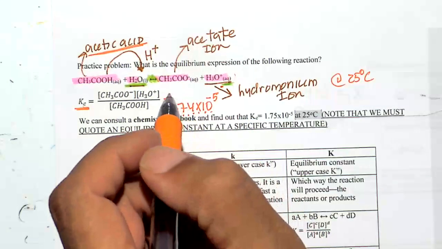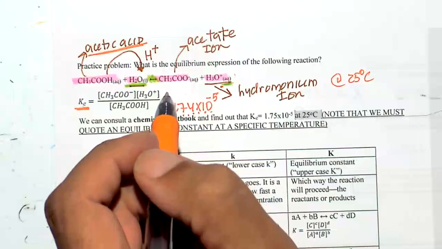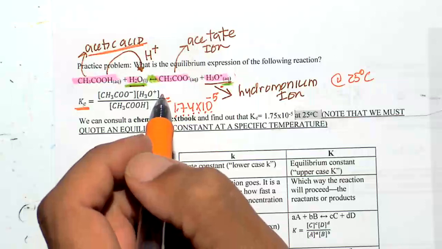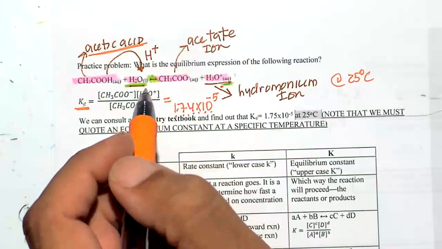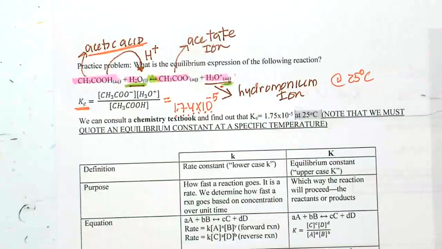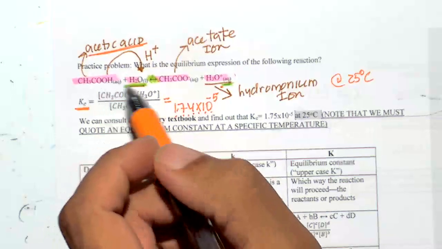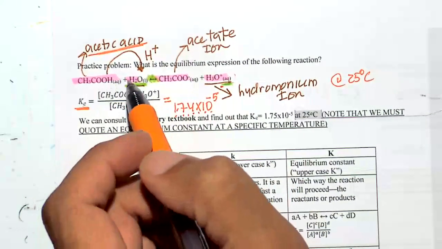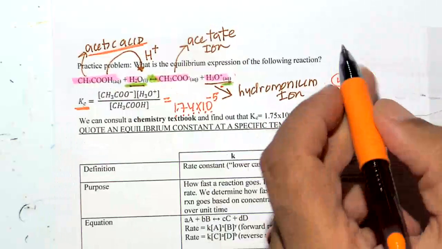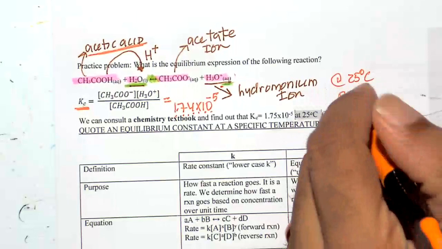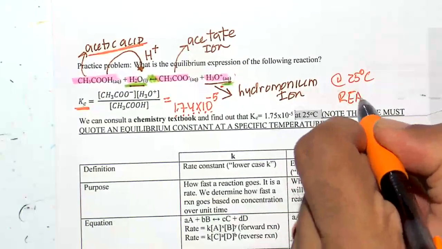Remember, if this was large, like a million or a billion, that's moving forward. If it's small, it's not moving forward as much. It's still moving forward, but not a lot. So what would we have more of, reactants or products in this equilibrium? This equilibrium reaction favors reactants, correct.